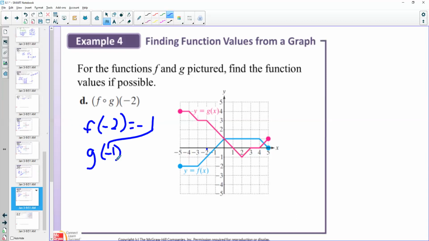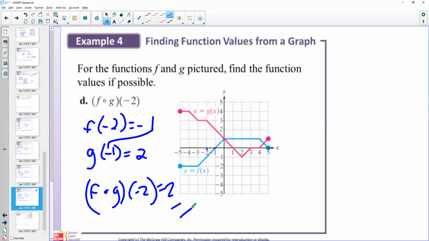Okay, wait, negative 2? Yeah, negative 2. Okay, at negative 2, g is negative 1, yep. And then I'm going to go over to negative 1 and find the f value. At negative 1, f is 2. So f of g at negative 2 is 2.